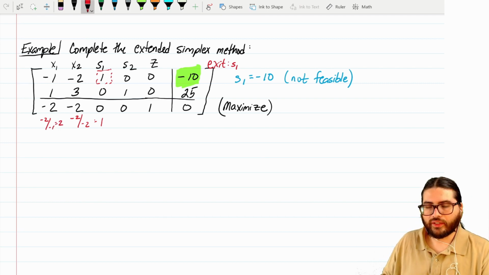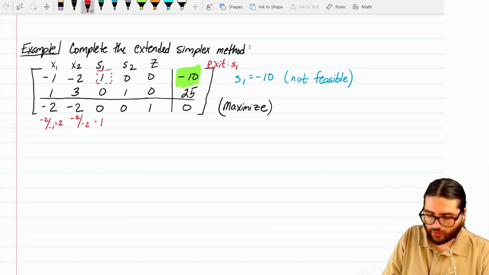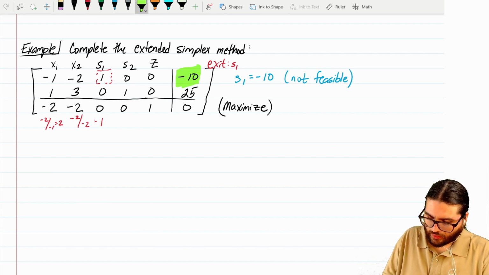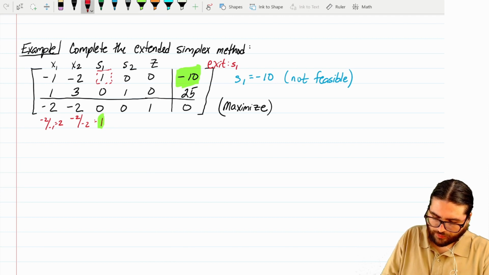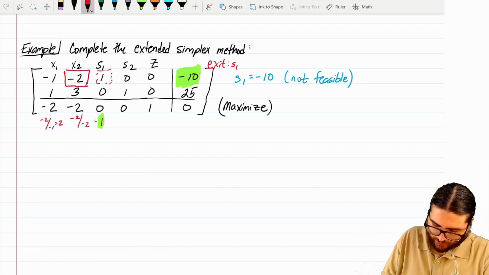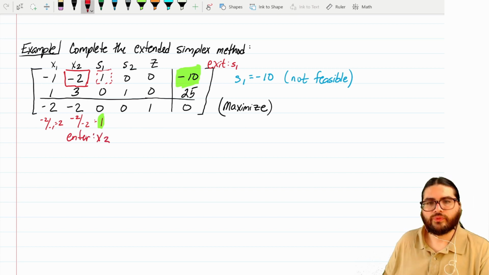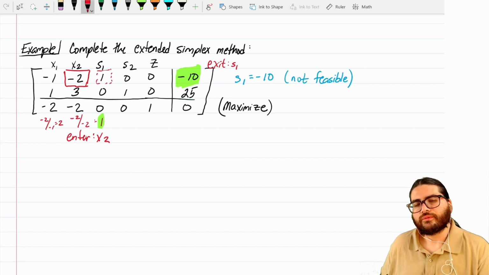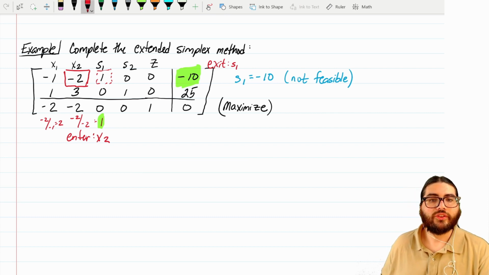I always pick the lowest positive ratio, which tells me this ratio wins, and my new pivot goes right here. And that tells me my entering variable is x2. So let me swap out this x2 for my s1. And to do that, I'm going to go to the computer, type this in, and I'll meet you back on the computer page.